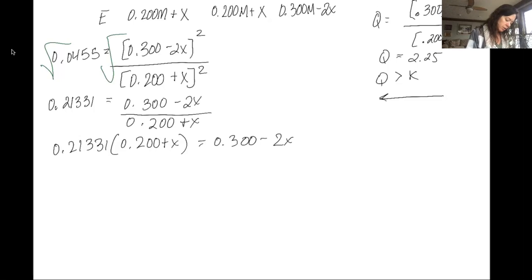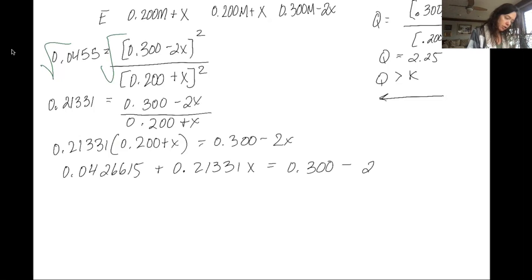That's going to give us 0.04266, and 0.21331x equals 0.300 minus 2x.